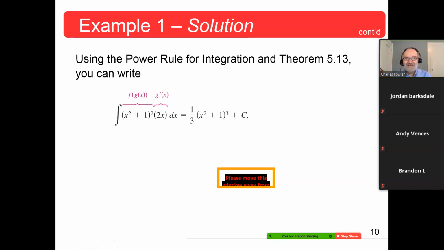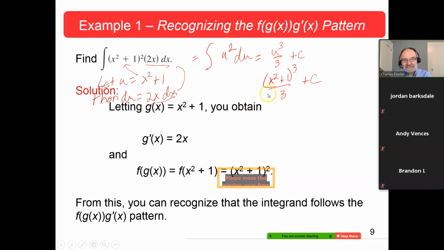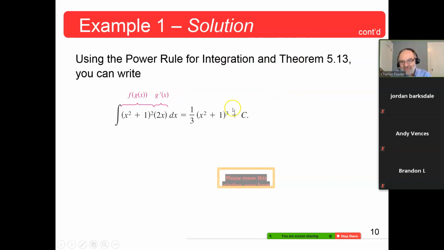Now, here's where I usually jump up on my little soapbox and say, if you had written the answer like this, you had been working this in WebAssign, written the answer like this, they'd have said wrong answer. If they were looking for this answer, they're exactly the same answer.